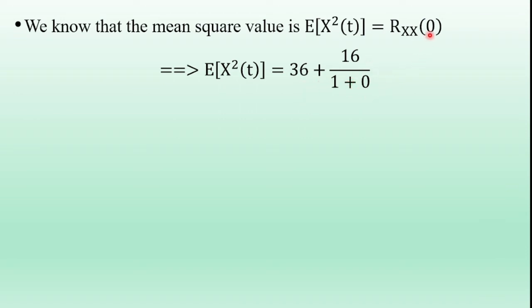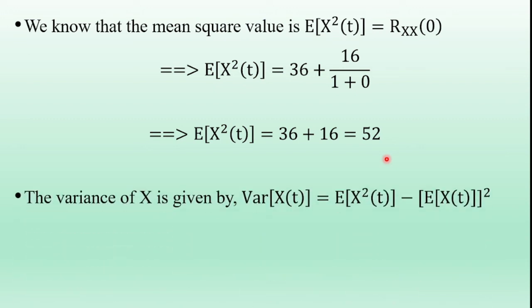Substitute tau is equal to 0. Tau square is 0 square, which is 0. 8 into 0 is 0. 1 plus 0 is 1. 16 by 1 is 16. So 36 plus 16 is 52. So expectation of x square of t is the mean square value of the random process and its value is 52.